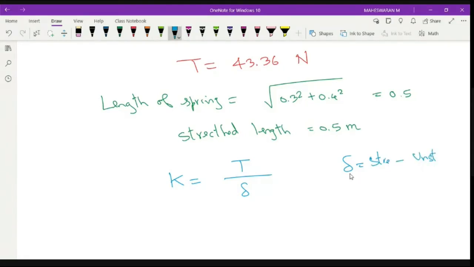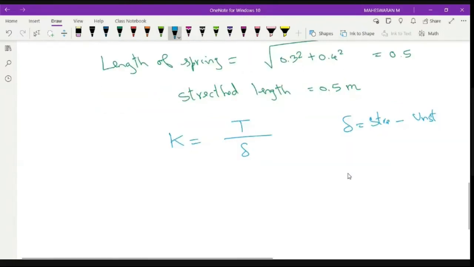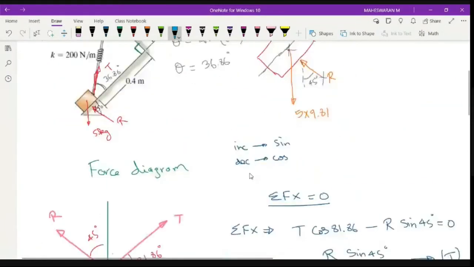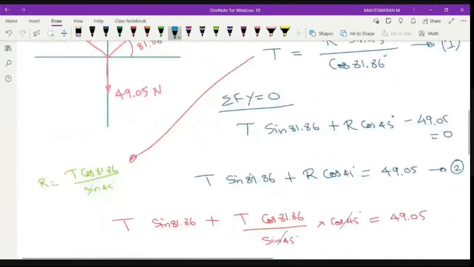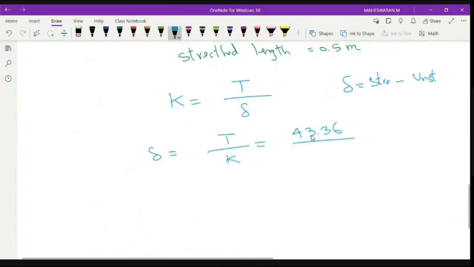Let us identify the value of del now, because we know T and K. T is 43.36 and K is 200, as mentioned.